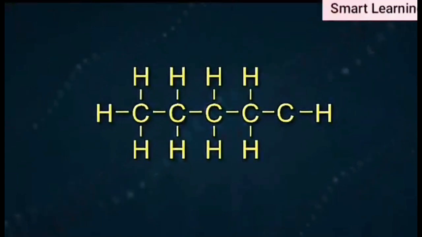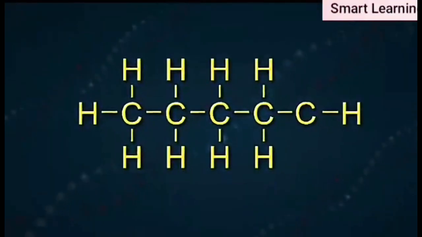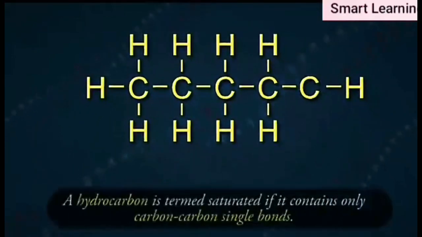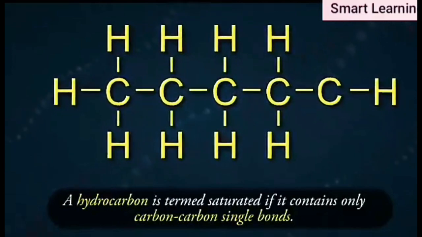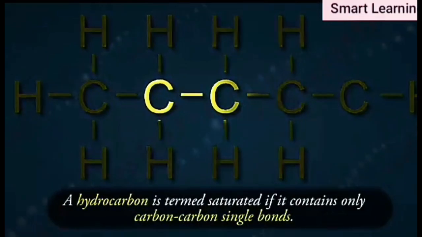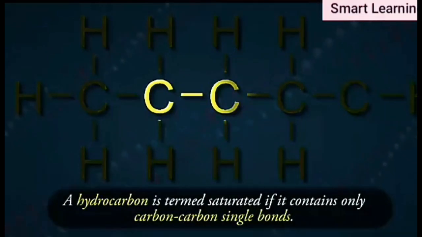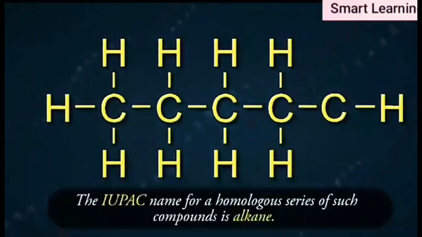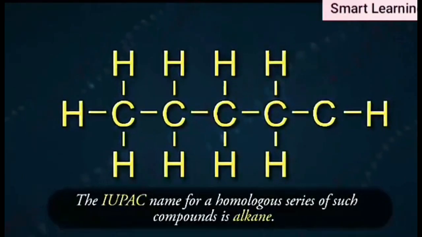Compounds containing carbon and hydrogen only are called hydrocarbons. A hydrocarbon is termed saturated if it contains only carbon-carbon single bonds. The IUPAC name for a homologous series of such compounds is alkane.